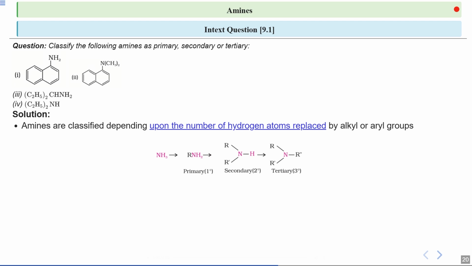If one hydrogen is replaced, we call it a primary amine. If two hydrogens are replaced, it is a secondary amine. And if all three hydrogens are replaced, it is a tertiary amine.